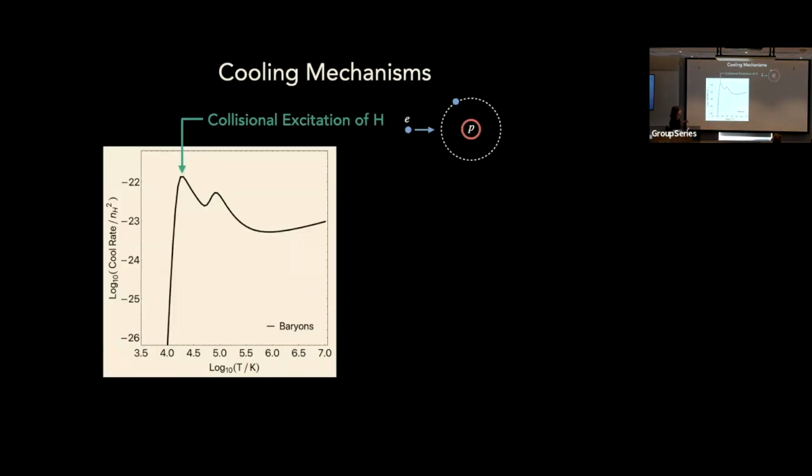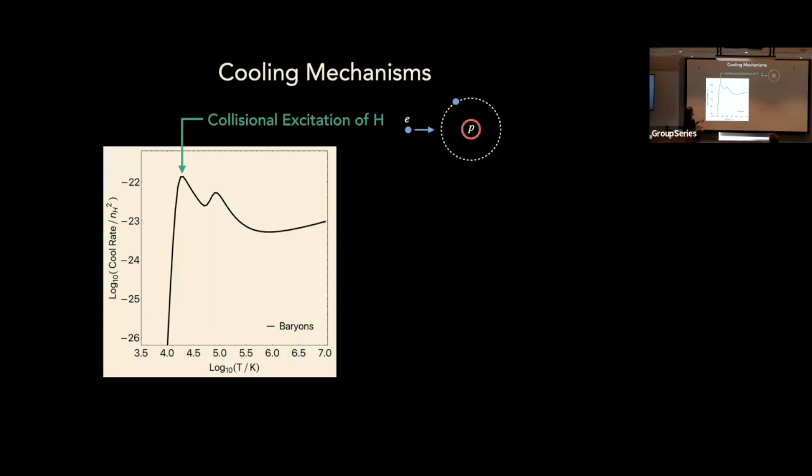So to put this in perspective, let's start by talking about how baryons cool, regular baryonic gas. I'm going to show this by showing the cooling rate on the y-axis and the temperature of the system on the x-axis. This is the standard plot for baryons. It has a very specific structure that's set by which radiation processes are dominating at what temperature.